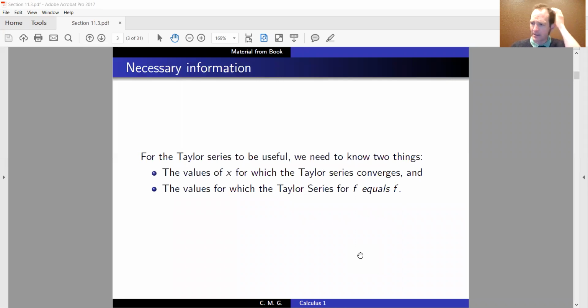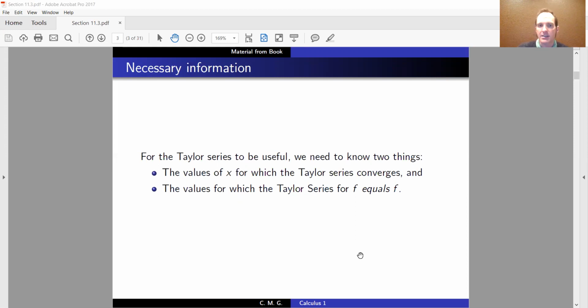So in order for them to be useful, we need two things. The first thing is, where is it convergent? Does it converge for all values of x, some values of x, small values of x, values of x between -1 and 1? This is the power series question that we had before: where does it converge?